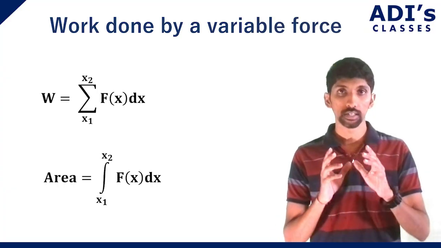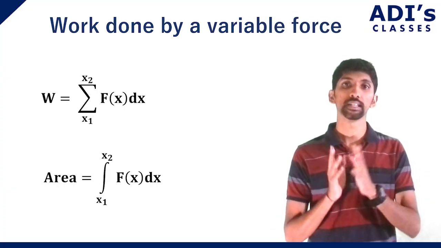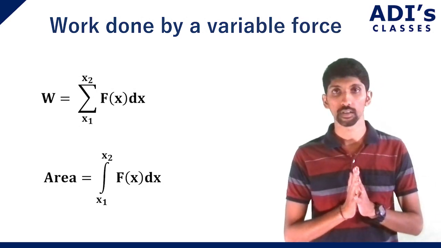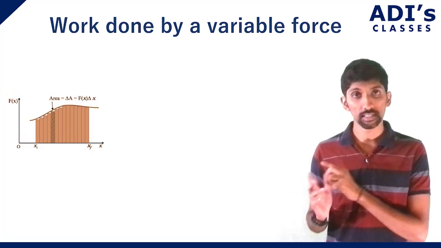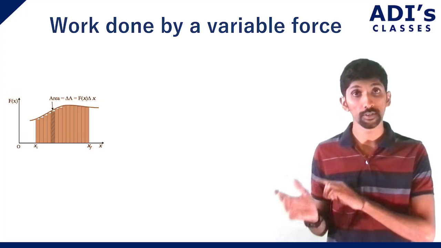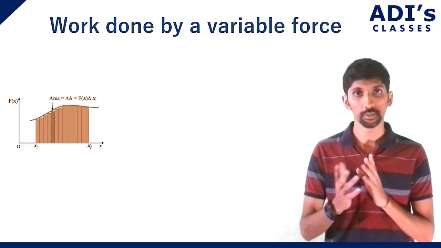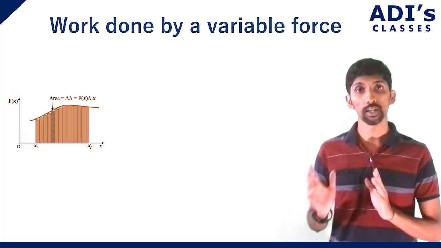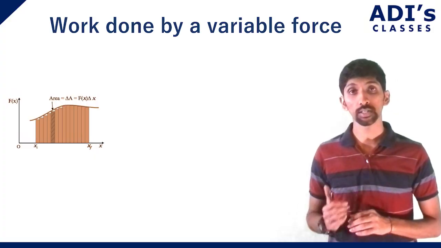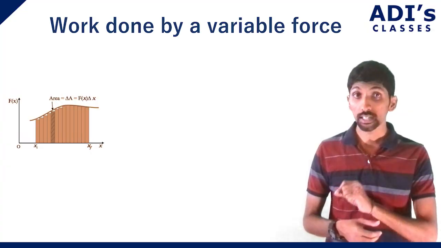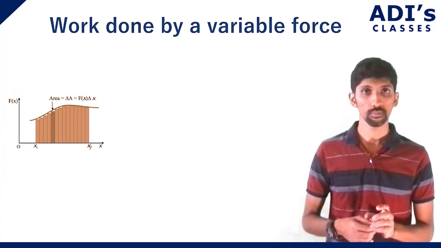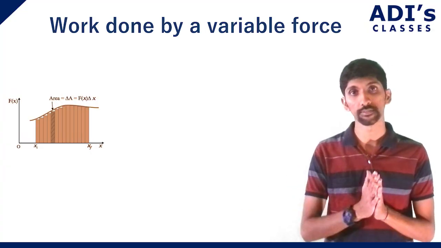The work done is nothing but the area under the curve. See, this is the particular graph. You have different forces, meaning this is a variable force. From x1 to x2, you're trying to calculate the work done by that variable force. That's nothing but the area under the curve.